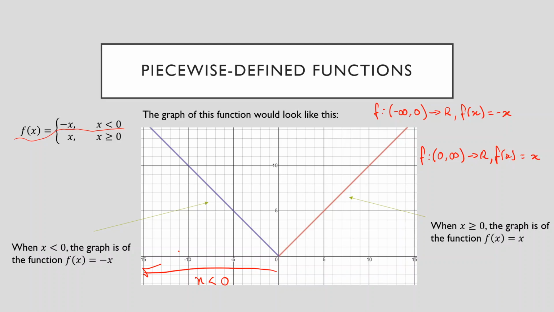So you've basically just got two functions, that one and that one, combined into one. Each rule of the function is defined for a specific domain, and then when you graph it, you just graph each of those for each of those particular domains.